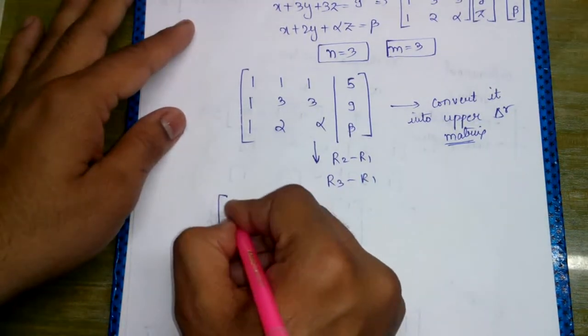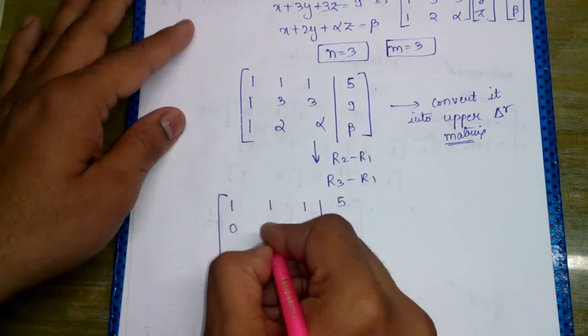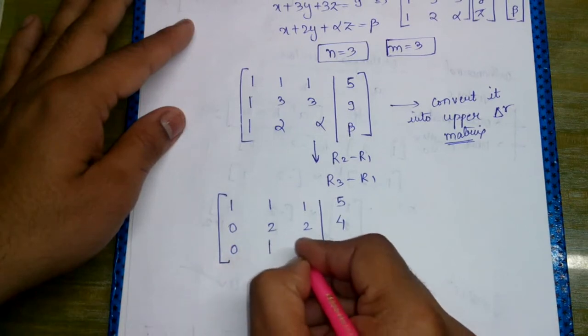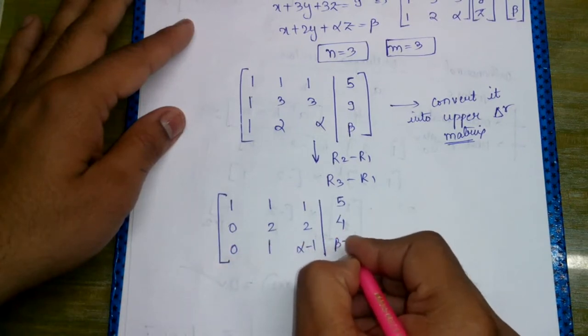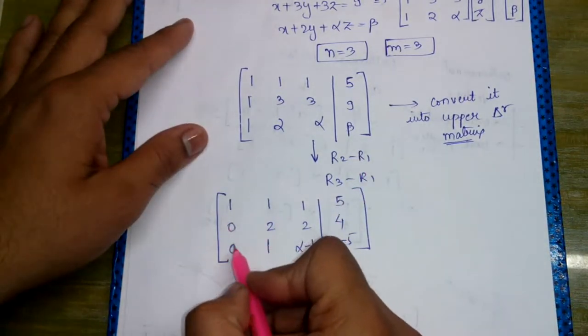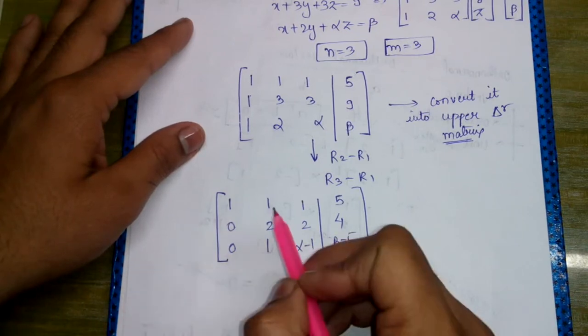When we subtract, we get 1, 1, 1, 5, 0, 2, 2, 4, 0, 1, alpha minus 1, beta minus 5. So here we have already obtained 2 zeros, and we finally need to make the element below the diagonal 0 as well.